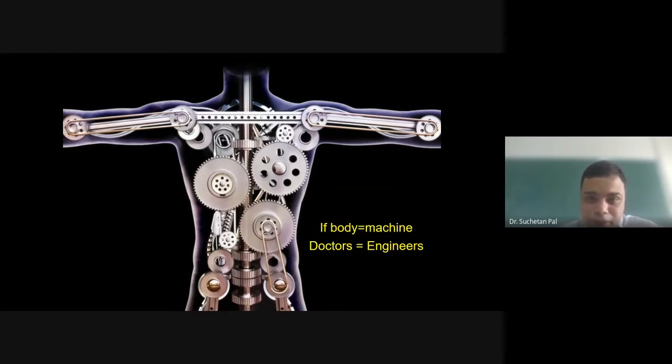If you roughly think of our body as a machine, then if you have some problem in the body, doctors can become engineers and they can fix the problem inside the body, right? Although doctors cannot build a human being, they can fix.